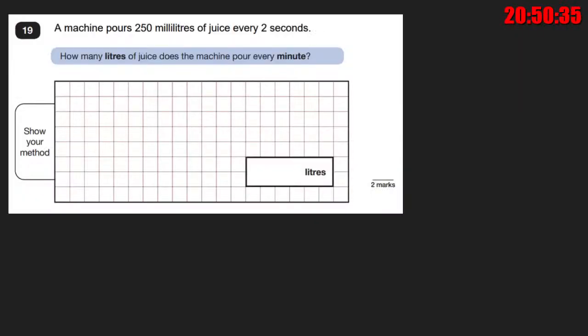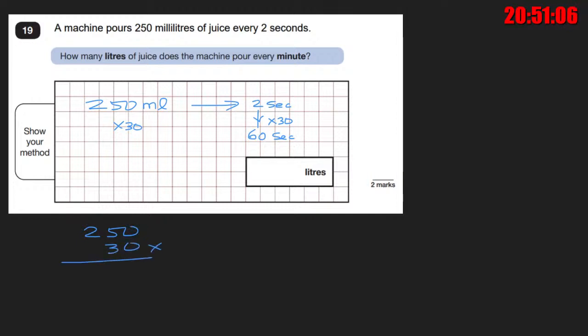Question number 19. A machine pours 250 milliliters every 2 seconds. How many liters of juice does the machine pour every minute? Every minute means 60 seconds. From 2 seconds to 60 seconds, you need to times by 30. So 250 times by 30, right?